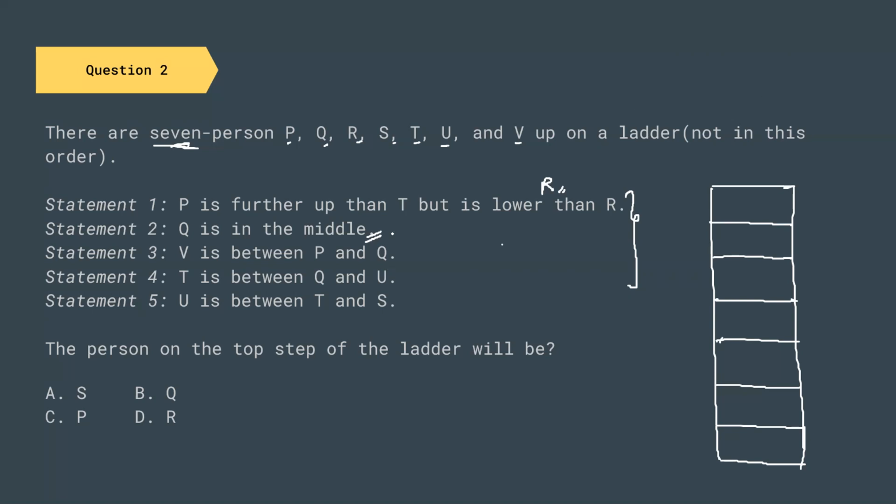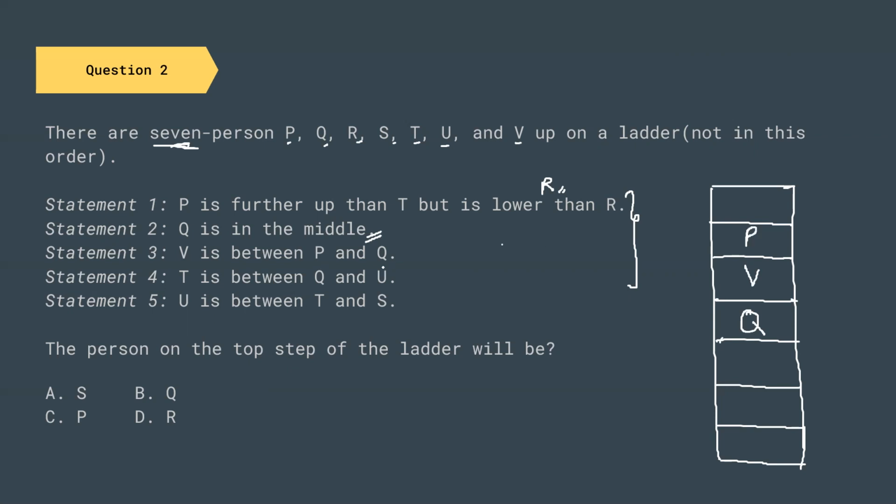So they're saying that Q is in the middle. So if Q is in the middle, Q is going to be at this particular position. Now, V is between P and Q, and R is above P. So I can write V here and P here.